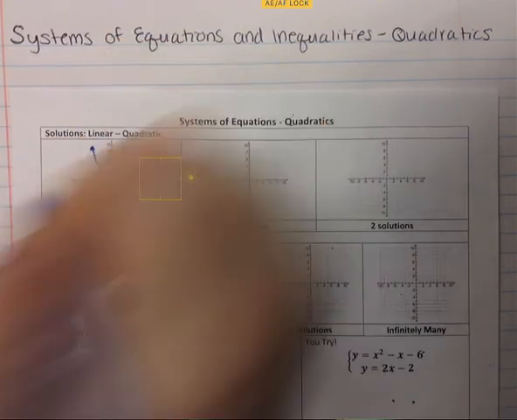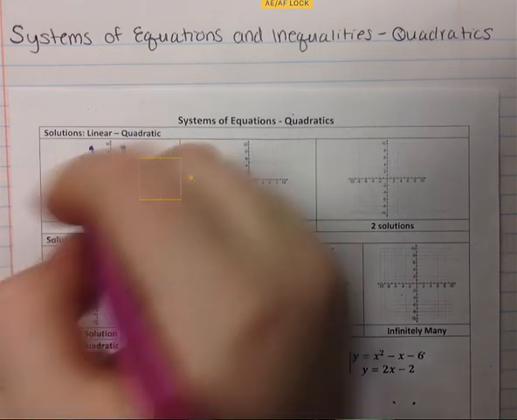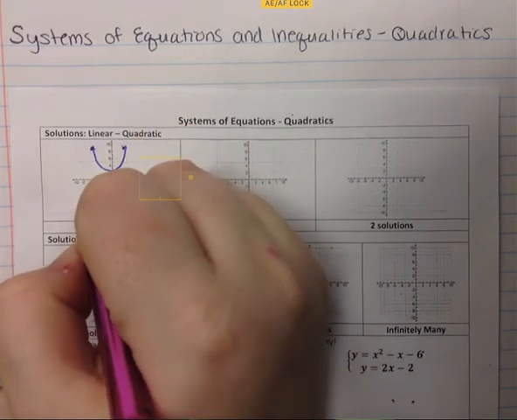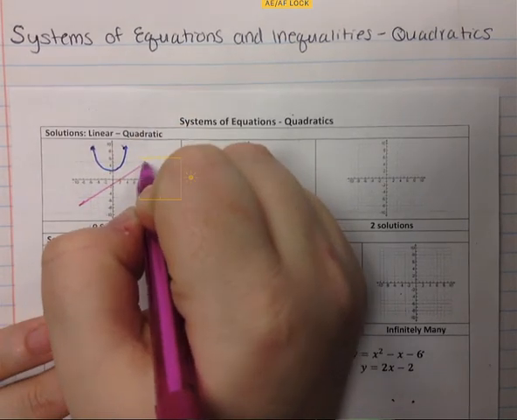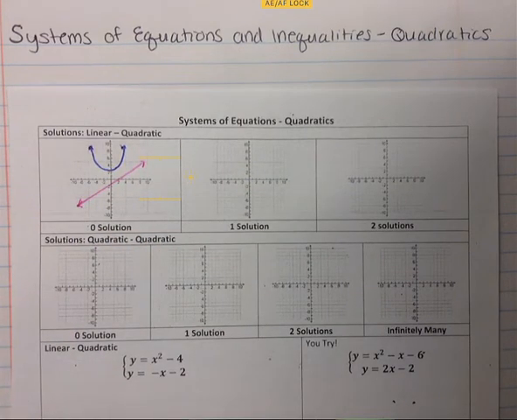I'm not worrying about my coordinates right now. I'm just making sure I have a parabola. And then I also need a line, and I want to make sure that these never cross. So I'm just going to draw a line like this to show that these two will never cross each other. This is no solution because they never cross. There's no point of intersection.